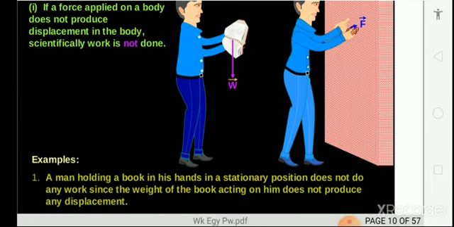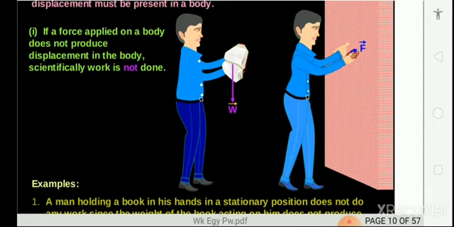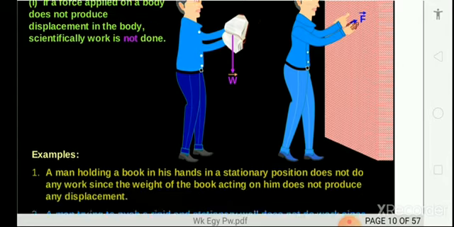Another example: planets are rotating around the sun in the solar system. When a planet returns to the same position after going around the sun, the work done by the planet is zero.